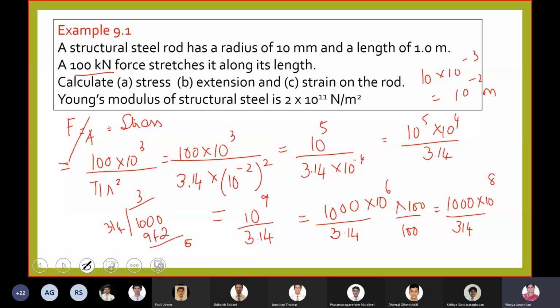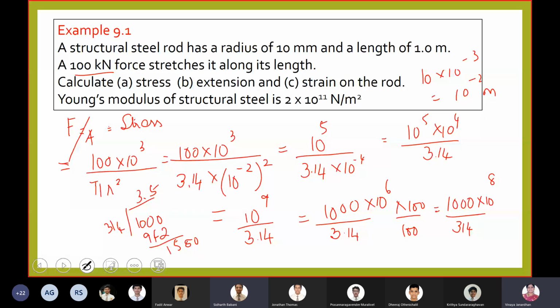Then it becomes 8, 9, 5, 1. So point, I go for 5? Is that somewhat 3.5 into 10 to the power of 8?